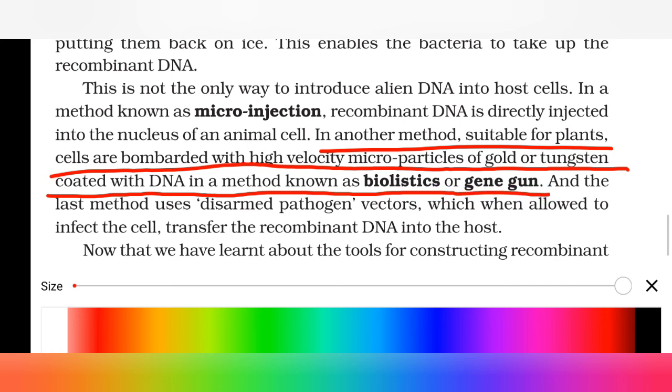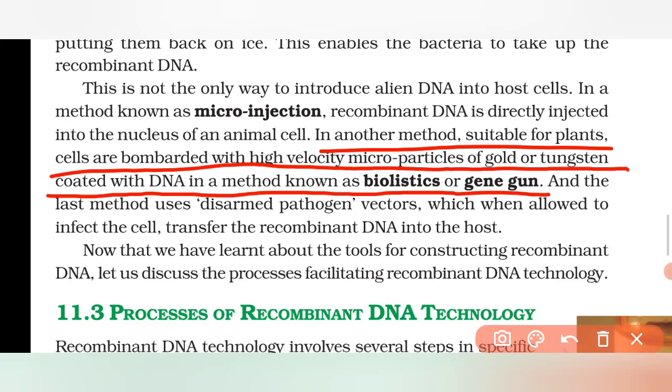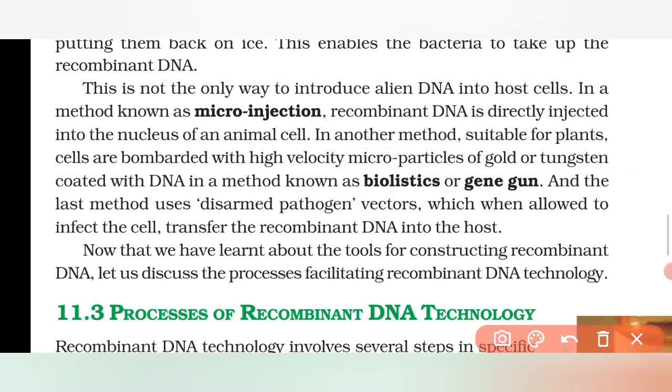It is called a gun because the microparticles of gold and tungsten act like a bullet. So they are coated with the DNA, and the cells are bombarded with these high velocity microparticles. This is known as biolistics or gene gun. This is suitable for plants. For animals, microinjection. For plants, biolistics or gene gun.